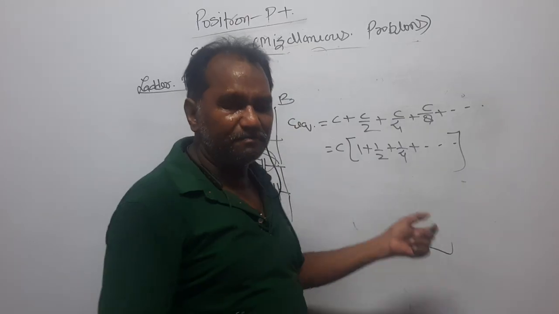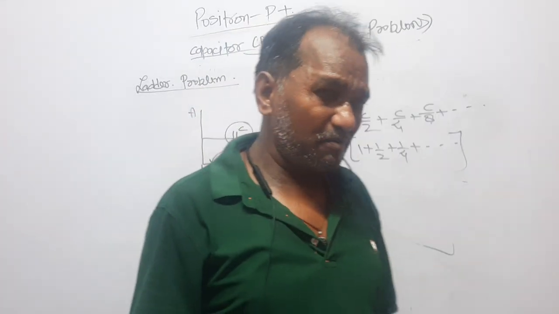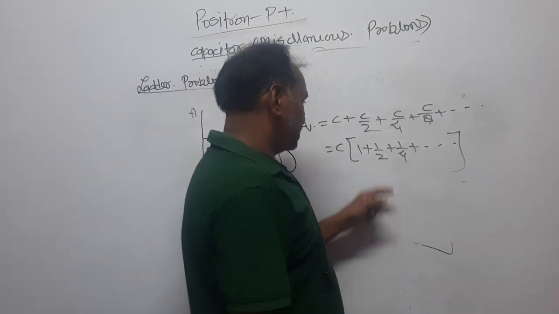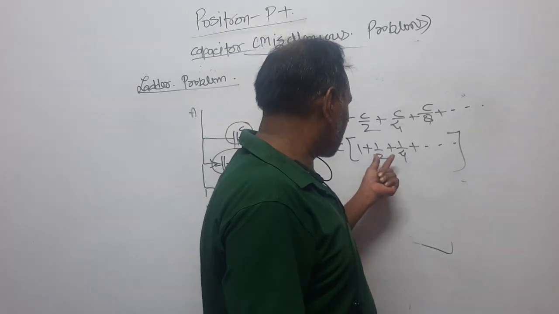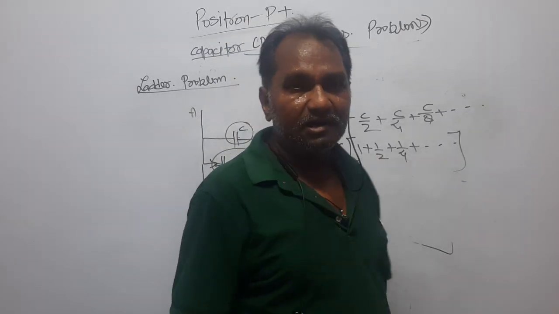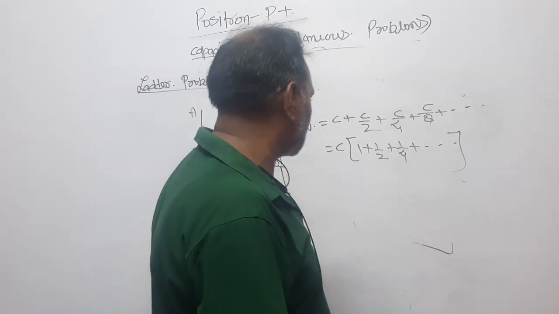You know it's a GP, right? Having common ratio 1 by 2. If you multiply by 1 by 2 the preceding term, you will get the next term.